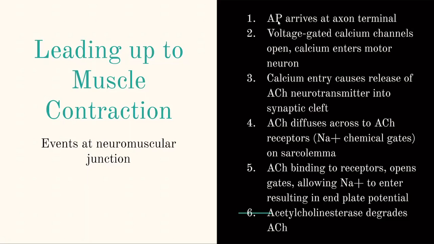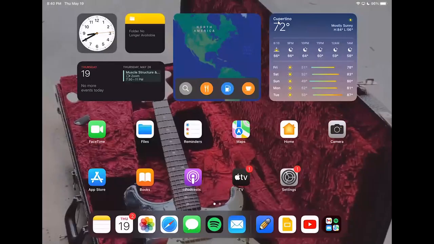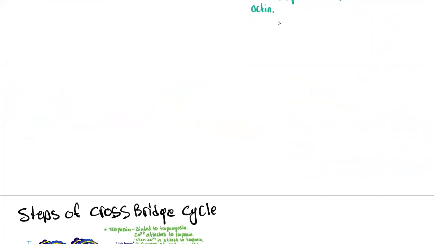The transmitters eventually bind to the neurotransmitter receptors, or the chemically gated sodium channels on the sarcolemma. And those open up, letting more sodium in. And that sodium is going to increase in concentration, allowing more sodium channels to open. So let me draw a picture.